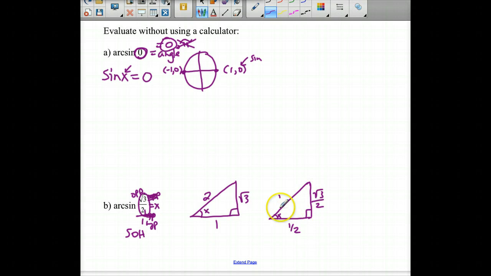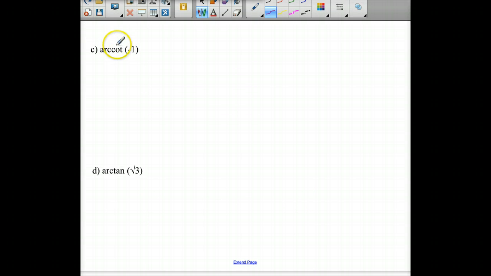So of the 30, 60, 90 triangle, I know this is my bigger angle because it's across from my longer side. And this is the smaller angle because it's across from the shorter side. So whichever way you like to think about it, I've been teaching it this way this year, but you may have learned your triangles based on this. So you should know those major angles and the inverses of them, be able to figure them out at least, without a calculator.